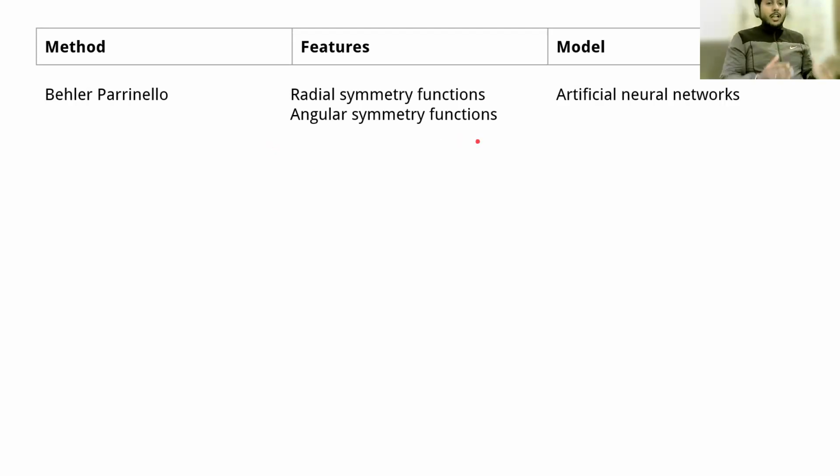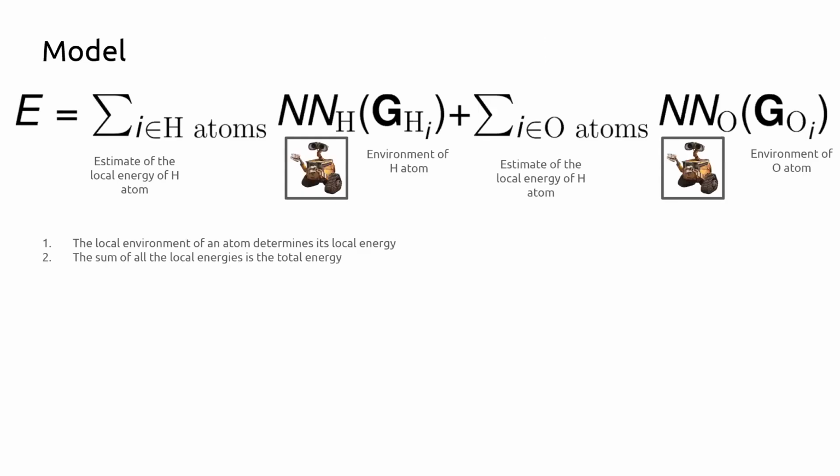Those are our features. Sorry, I just have a question about the previous. When you said that the sum of the local energies equates to the total energy, is there not overlap between the interactions that we're considering?